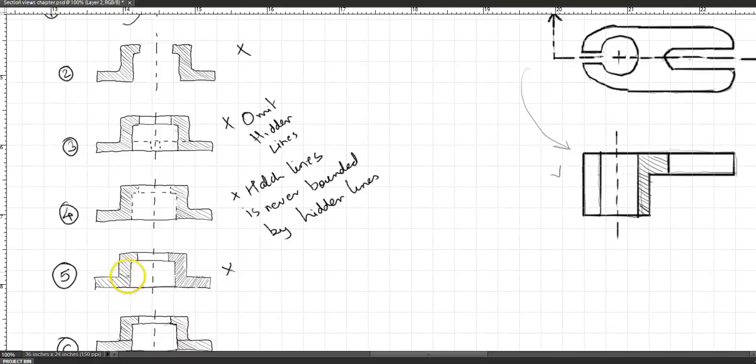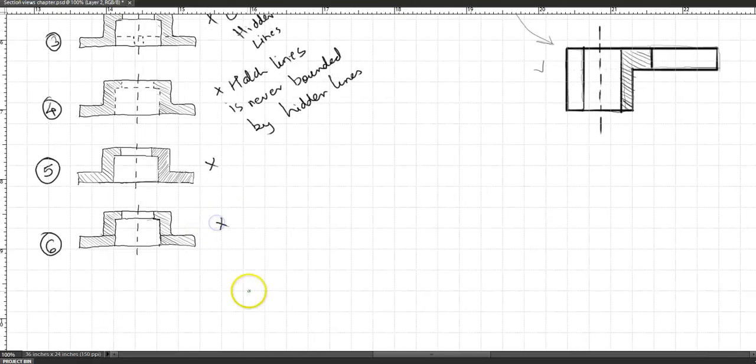Or for example, I had a hatch over here going like that and another hatch going like this. Then that means this is steel and this is something else. So you have to make sure that unless you have two different materials, you cannot put two different symbols. And secondly, if it's the same object, then the hatch direction should be the same. Now let's go to the last one.